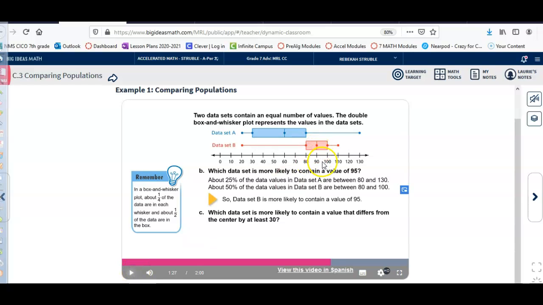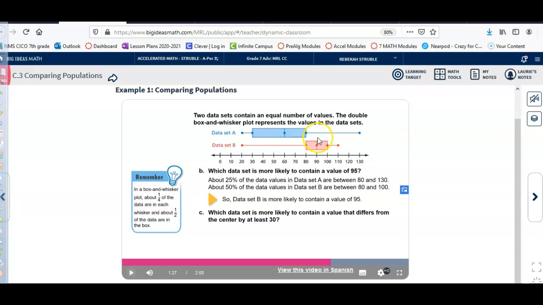Okay, another way to think of it is this way. So here's 95, and it's within 5 points of 25% of the data in dataset B. Okay, so it's fairly close. We have only 10 numbers in between here that represents 25% of our data.